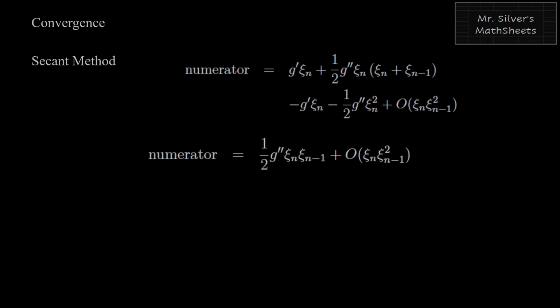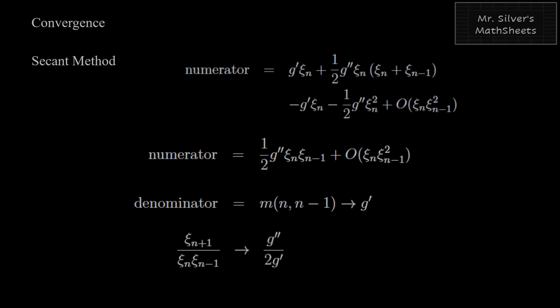All we get is 1/2 g double prime times the product of xi of n and xi n minus 1. The denominator converges to g prime, so the ratio of xi n plus 1 over xi n times xi of n minus 1 in the denominator approaches a constant. Taking logs, we'll get a very interesting, simple process.